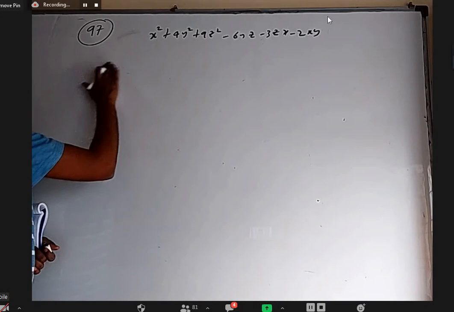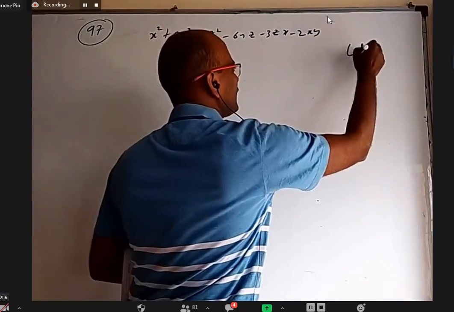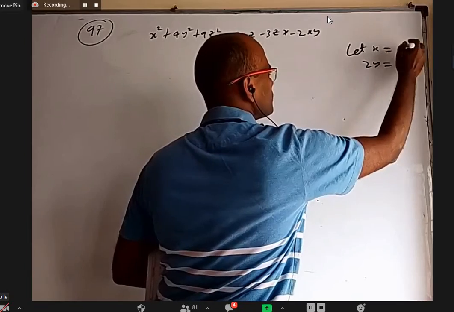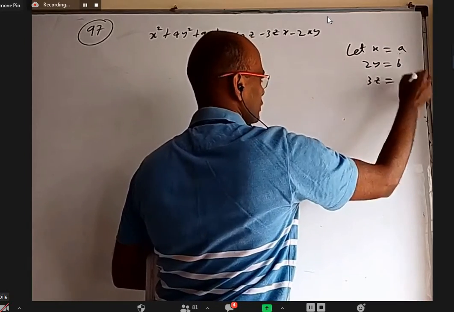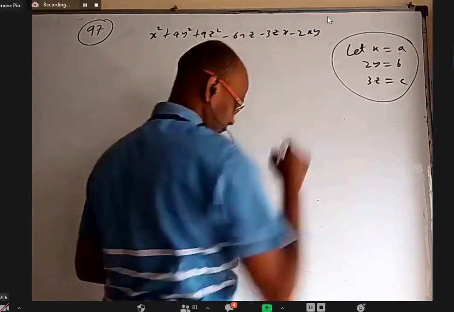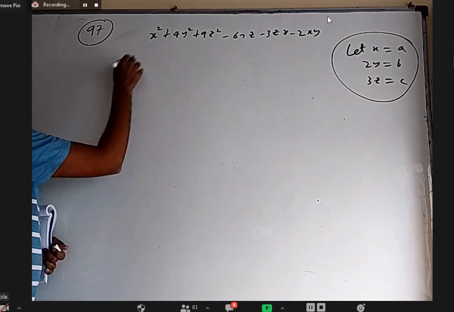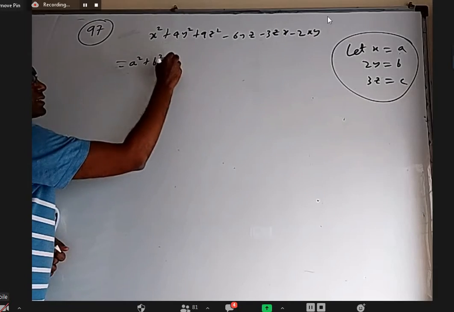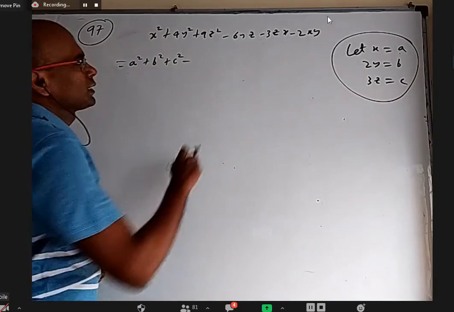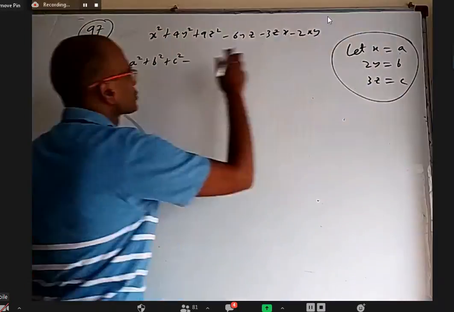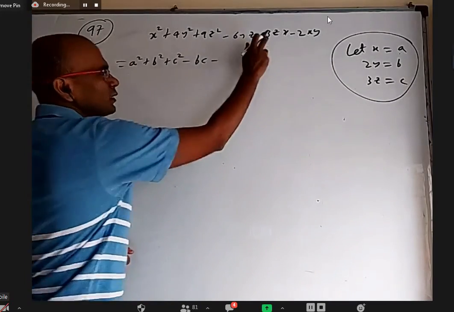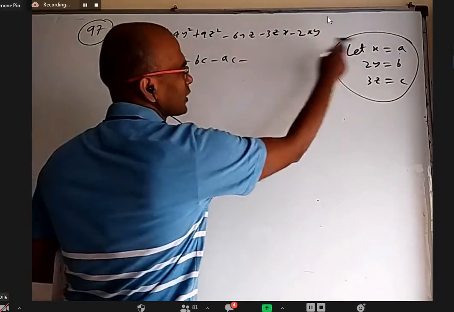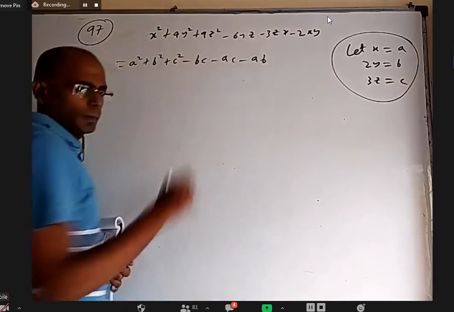I'm going to take, first of all, let x equal a, 2y equal b, 3z equal c. So wherever x square is there, I can write a square. 4y square is b square. 9z square is c square. 6yz, when you multiply these two, it is bc. 3zx, these two together is ac. 2xy, these two together is ab.